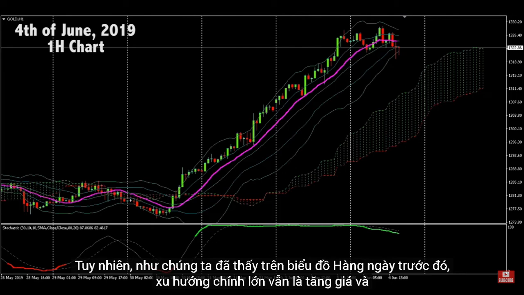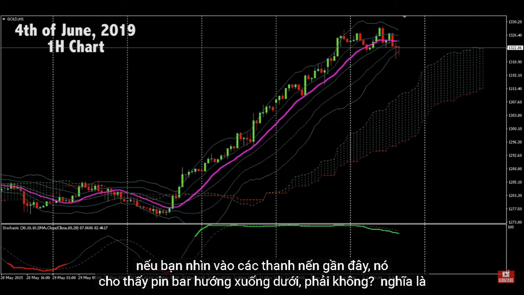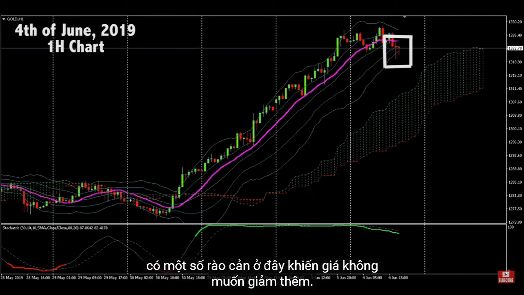However, as we saw on the daily chart earlier, the big primary trend is still bullish, and if you look at the recent candlesticks, it shows a pin bar pointing downwards, right? Meaning there's some barrier here that price doesn't want to go further down.